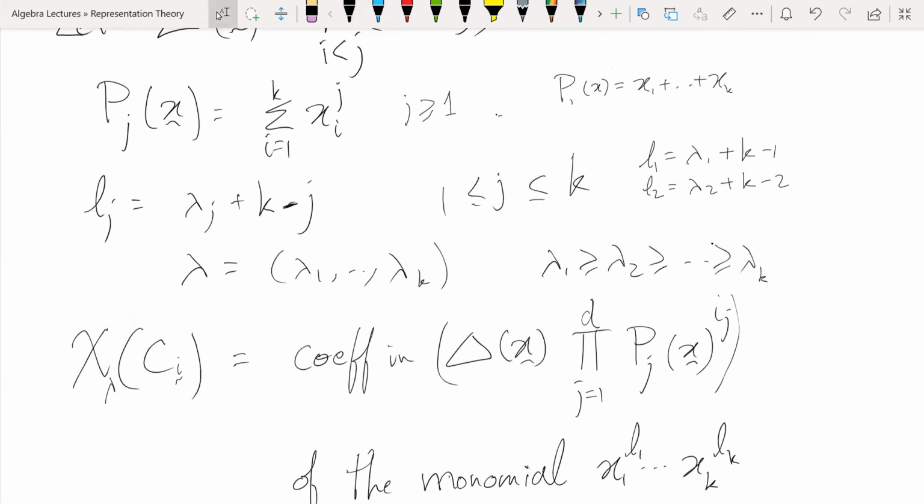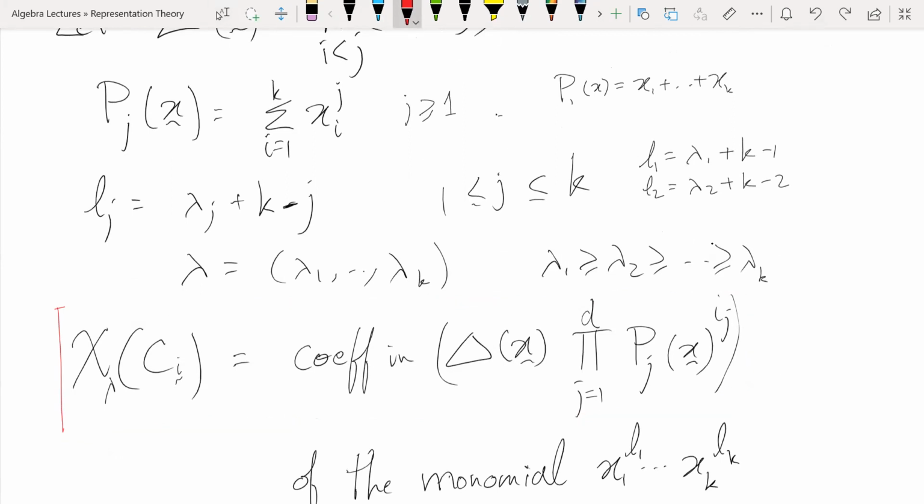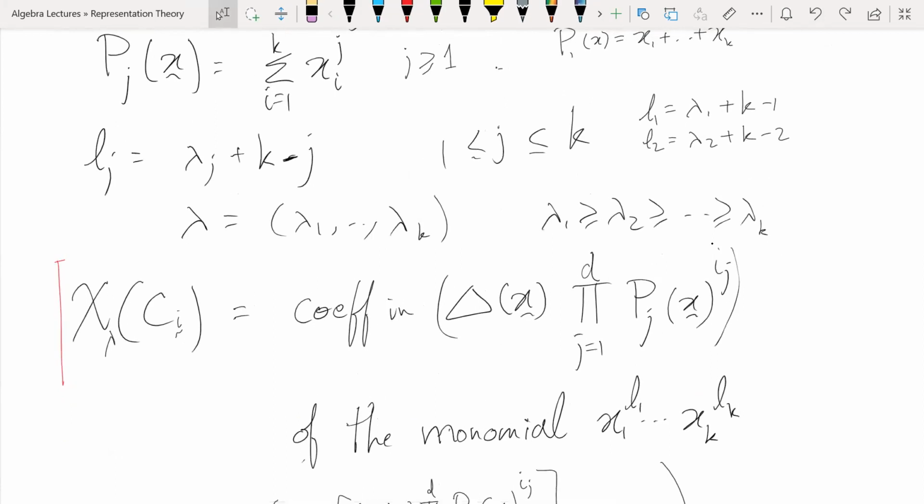So this is the formula. Maybe I should box this formula. This is the Frobenius formula. The value of the character on this conjugacy class Ci tilde is the coefficient, so the box is incorrect, I have to make a bigger box, is the coefficient in this polynomial.